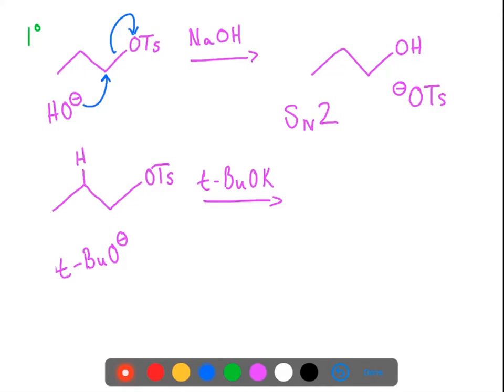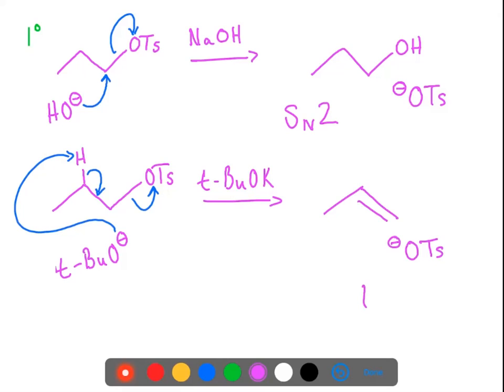It will be lost as a proton, and as a result, we will form the elimination product, as well as the leaving group. And it's also good to show that you've formed the protonated base, which is tertiary butanol. So the net result is an elimination product, and so this is the E2 mechanism.